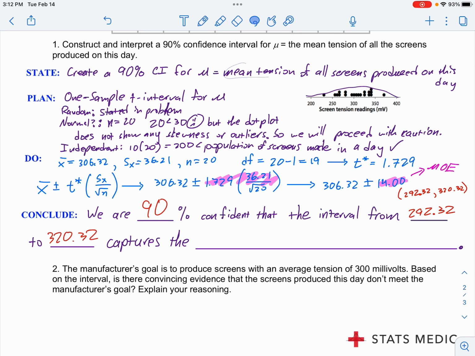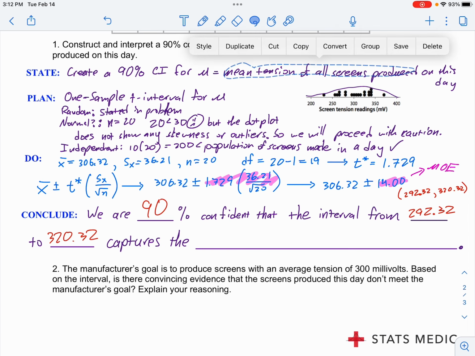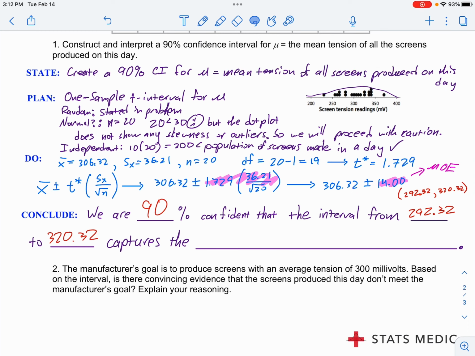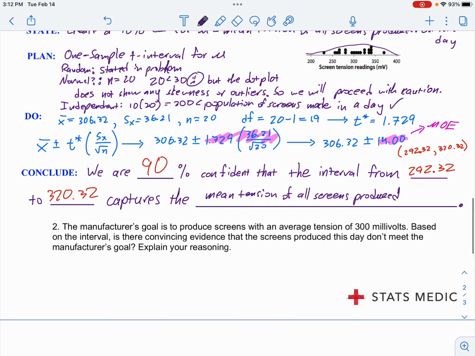Let's see if I can do that better. Probably, maybe not. I am struggling. Hop on the struggle bus. Hey, there. The mean tension of all screens produced. Okay, there you go.